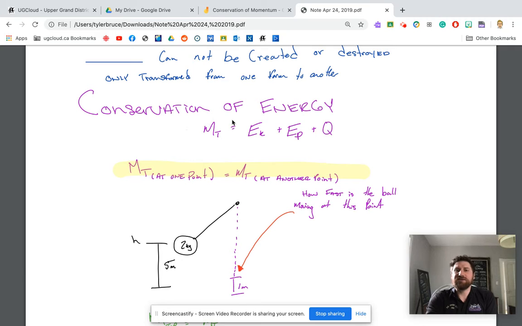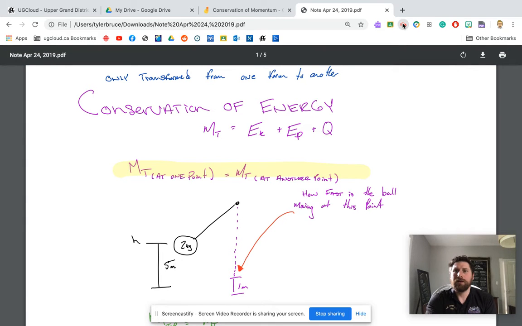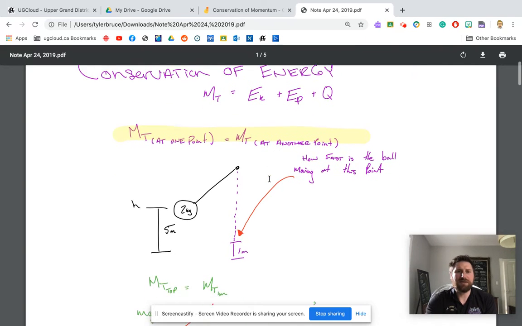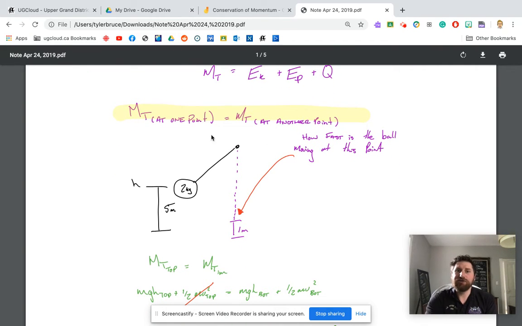Conservation of energy says that the total mechanical energy at one point is equal to the total mechanical energy at the other point. The total mechanical energy is the sum of EK plus EP plus Q, Q being heat energy, so Q equals mcΔT. So the total mechanical energy at one point is going to be the same at the other point.